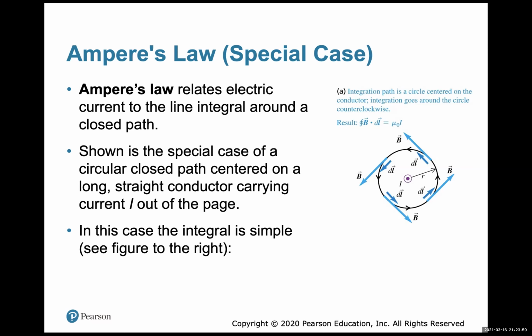And we seem to get, at least for this really nice case, a relationship that depends on the current passing through the surface bounded by that Amperian loop.